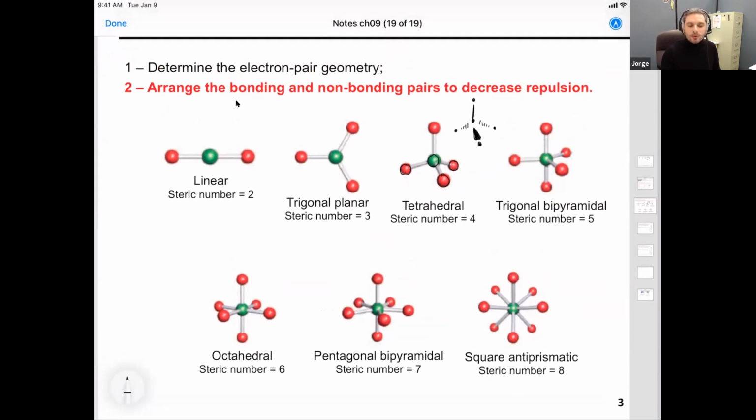Okay, so you need to know this, okay? At least 2, 3, 4, 5, 6, and 7. I would say 2, 3, 4, 5, and 6. Those are the most common cases. Sometimes you can have 7 and not usually a steric number equals to 8. Remember that the steric number will give you an idea how the bonding and non-bonding pairs are organized in the space. And that's called electron pair geometry.